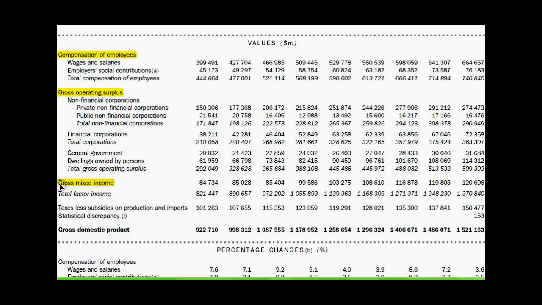We've got gross mixed income. I don't actually know what gross mixed income is. I have to look it up in the statistical definitions. Anyway, so we add them all up and we get total factor income.